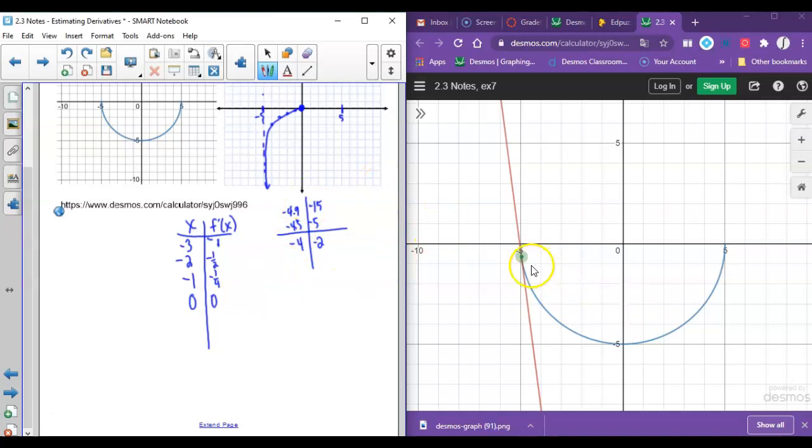If we look on the other side, we've got sort of the same thing happening, but we've got positive values. So at 1, our slope might be +1/4, and at 2, it might be +1/2, and at 3, it might be +1, or something close to that whenever we look at this.